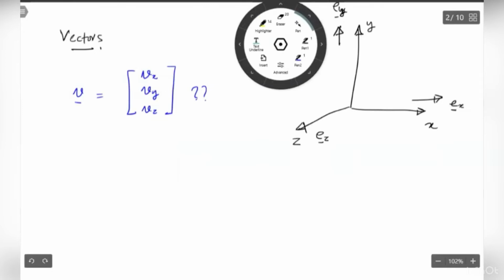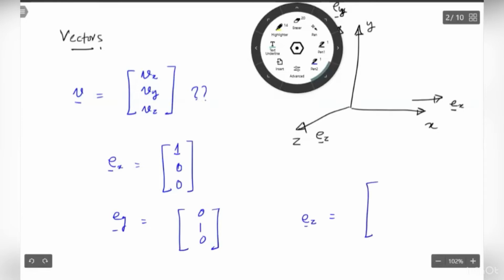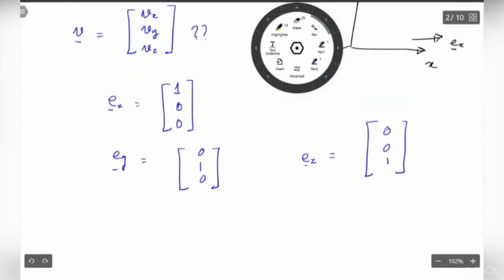If you look at ex, we can also write it like this. The component of ex is 1 in the x direction. In the y and z directions, the components are 0. Similarly, ey equals 0, 1, 0, and exactly the same way, ez equals 0, 0, 1.